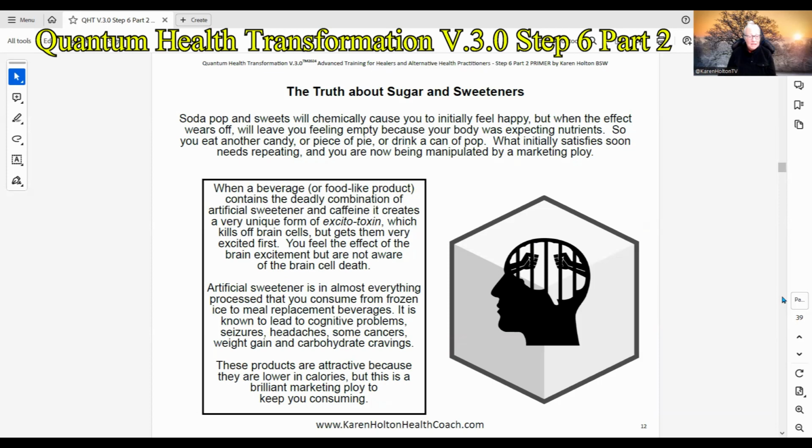Artificial sweetener is in almost everything processed that you consume, from frozen ice to meal replacement beverages. It is known to lead to cognitive problems, seizures, headaches, some cancers, weight gain, and carbohydrate cravings. These products are attractive because they are lower in calories, but this is a brilliant marketing ploy to keep you consuming.